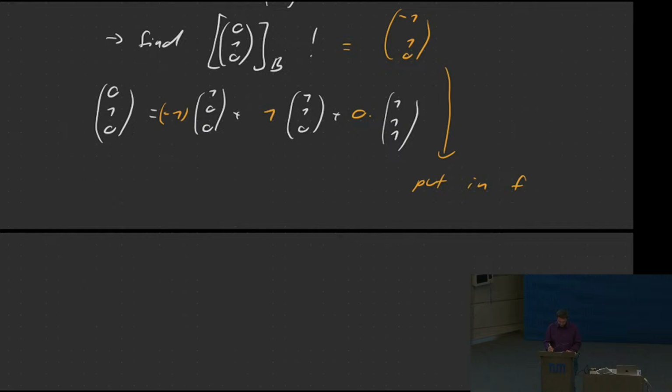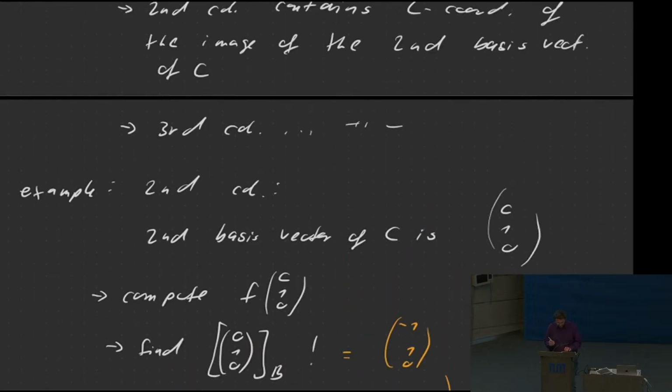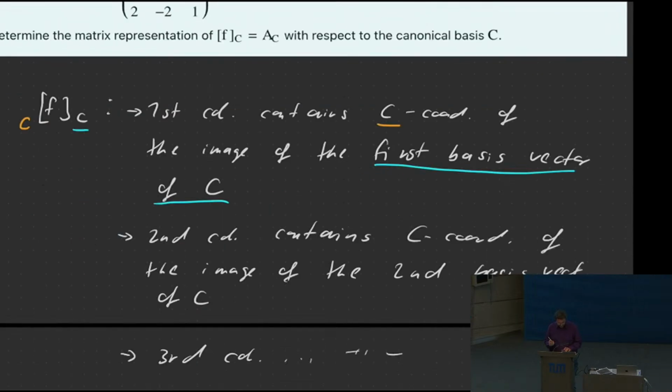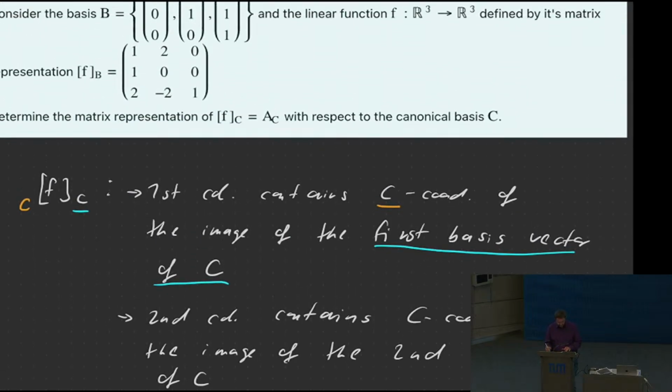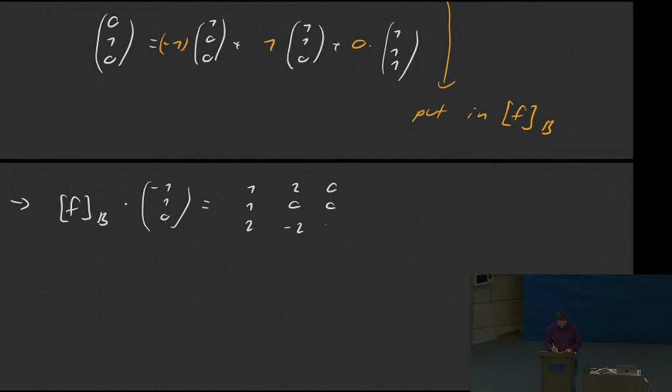We can now put that in our matrix F_B to get the image. So F_B times (-1, 1, 0). Let's see, F_B was (1, 1, 2), (1, 1, 2), (2, 0, -2), and (0, 0, 1), times (-1, 1, 0).